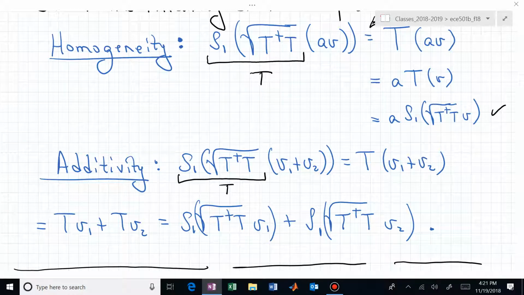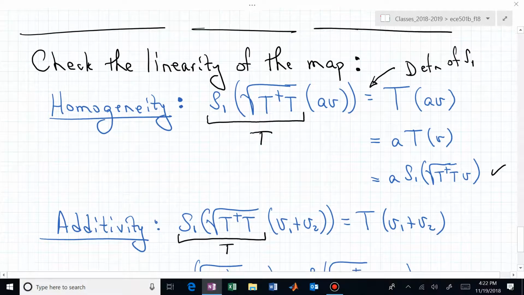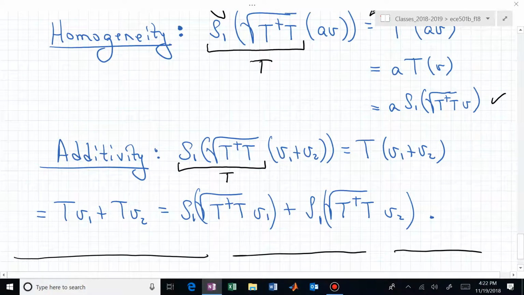And T applied to v1 plus v2 is a linear operator, so that's Tv1 plus Tv2. Using the definition of S1 and this positive operator, voila, we have additivity of that map. So this polar decomposition is a linear map.